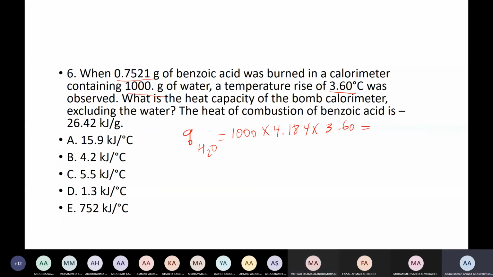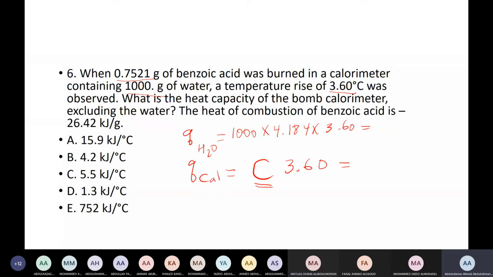Okay, we got the Q of water. What's the Q of calorimeter? C, which we don't know, times 3.60. That's it. But we're going to look for C.